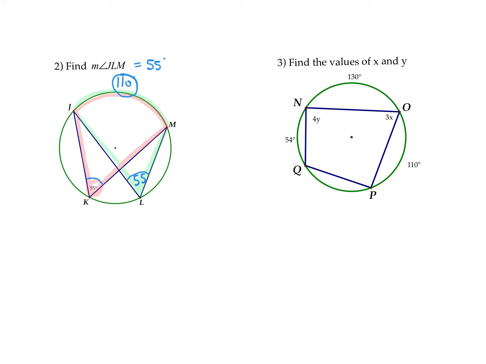All right, first, I'm going to solve for the measure of angle P. The measure of angle P is equal to 1/2 its intercepted arc.